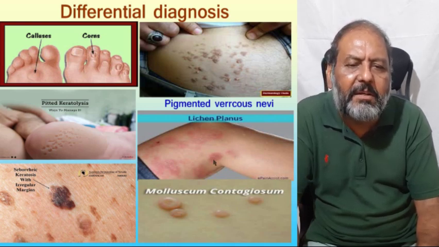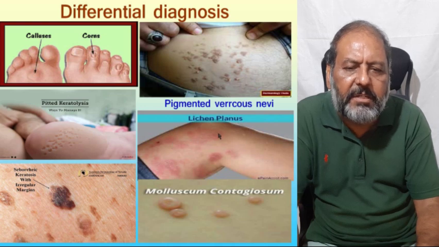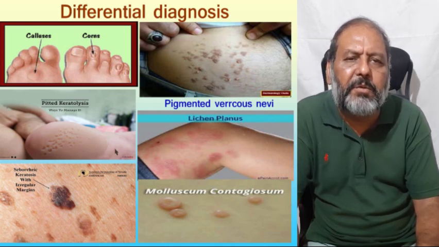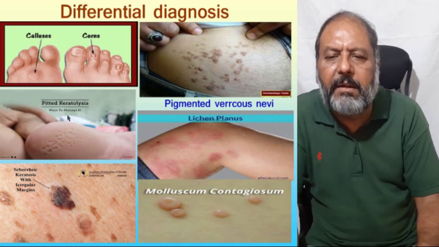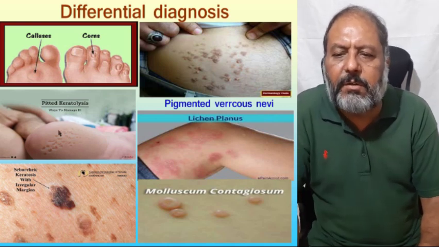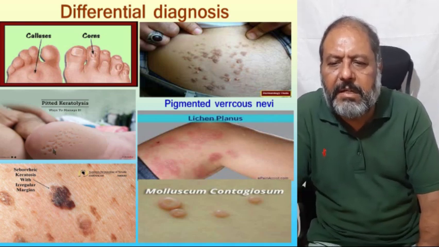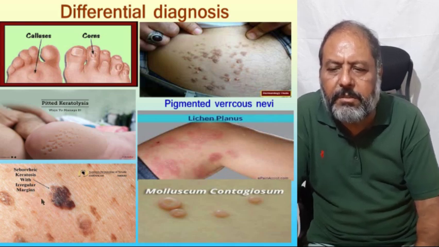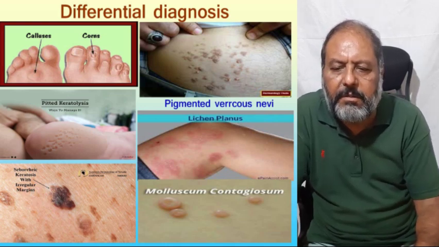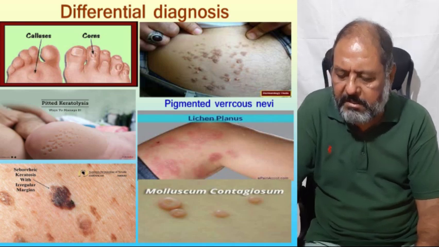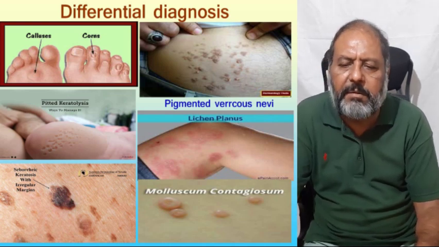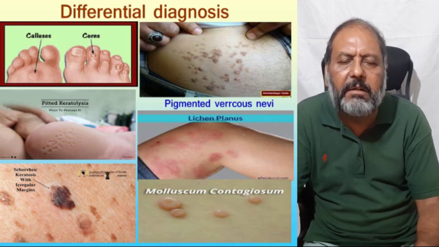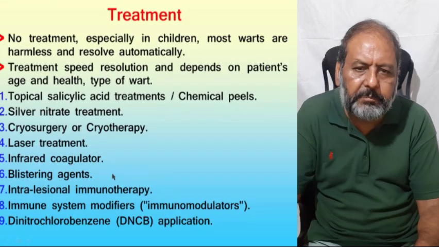Then lichen planus, as one can see, the spot-like lesions are also different from the warts. And then pitted keratolysis, as one can also appreciate, and seborrheic keratosis with irregular margin, that is also giving the shape of the wart, but actually these are not warts. So these are all the differential diagnoses.